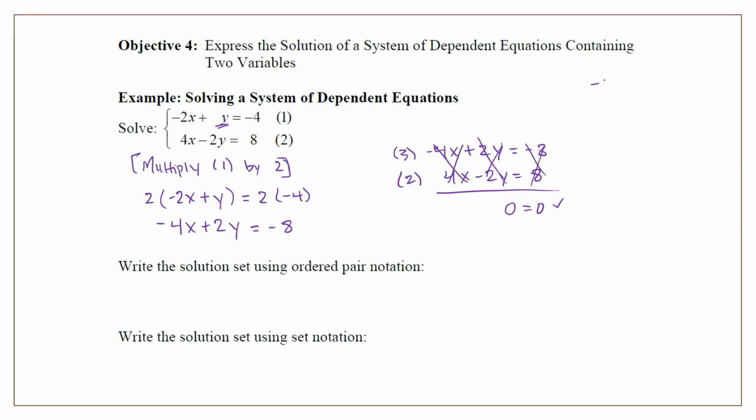So negative 2x plus y equals negative 4. So y equals 2x minus 4. So let's start there. So to write this as an ordered pair, okay, we are going to take our x-coordinate x, and our y-coordinate will be the expression 2x minus 4.